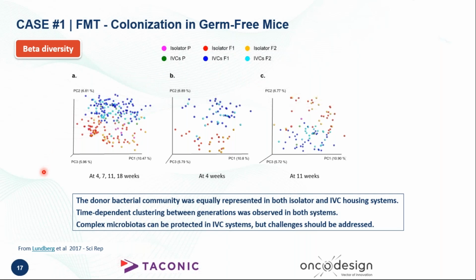But from these figures that I shared, the general conclusion is that the IVC system can definitely provide a level of protected housing for gnotobiotic mice, because the donor bacterial community was equally represented in both IVC and isolated housing systems.